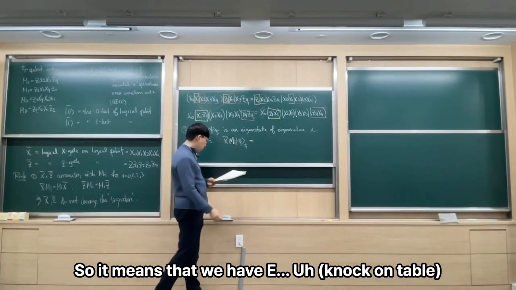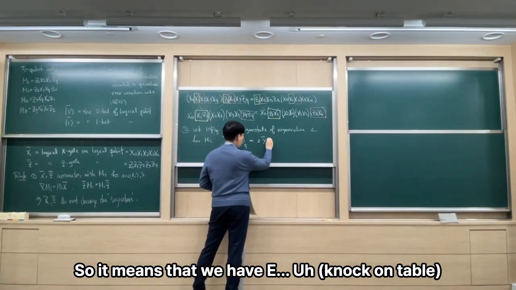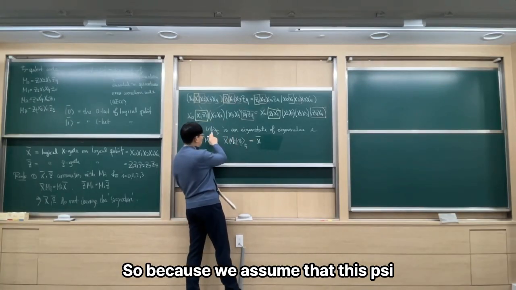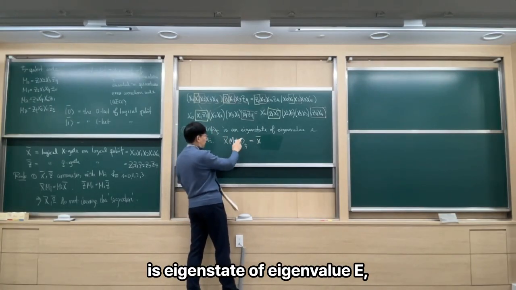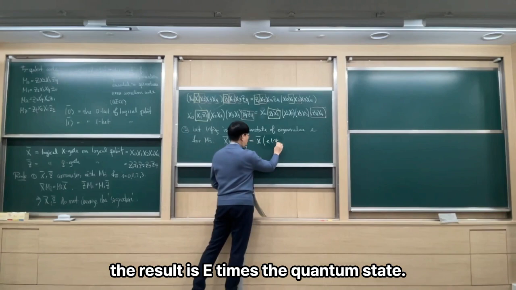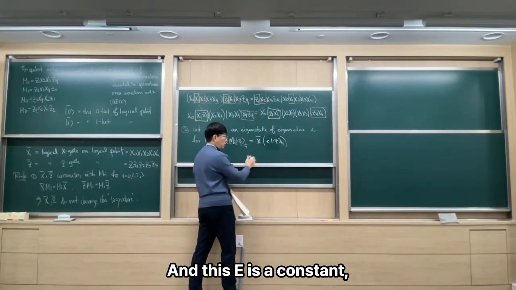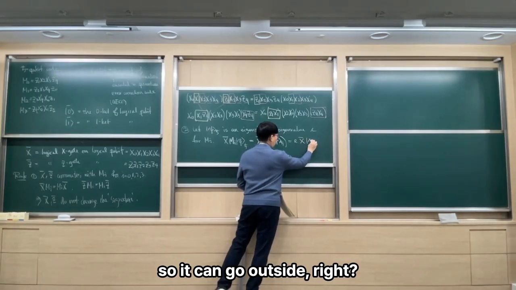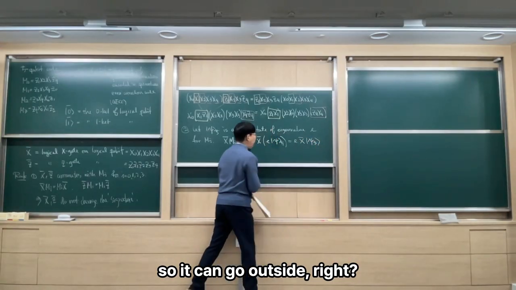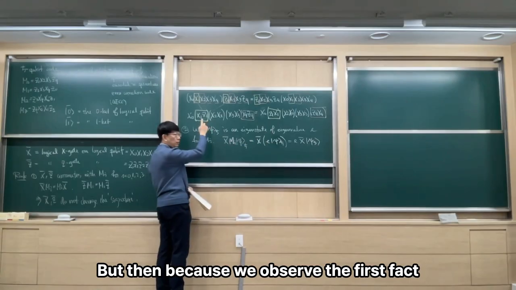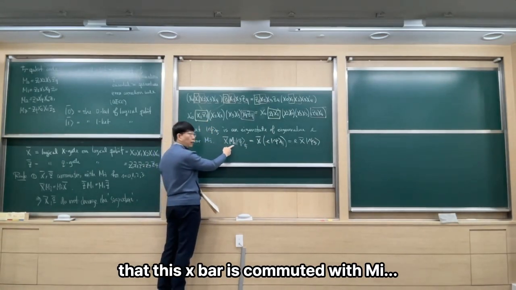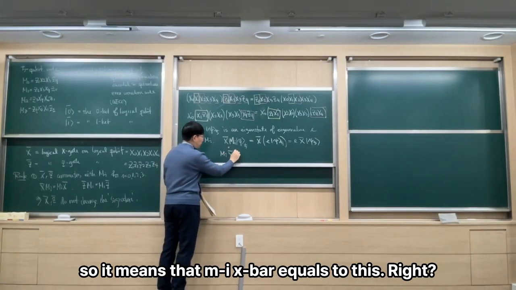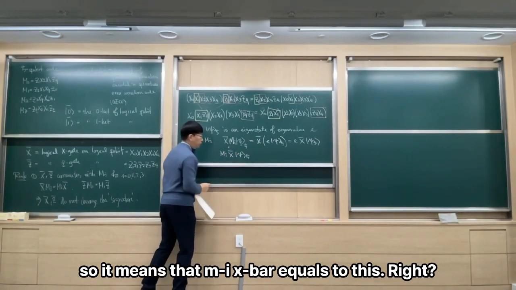It means that we have E. Let me do one more step here. Because we assume that this psi is an eigenstate of eigenvalue E, the result is E times the constant state, and this E is a constant, so it can go outside, right? But because we observed the first fact that this x bar commutes with Mi, we can switch the order here. So it means that Mi x bar equals this, right?